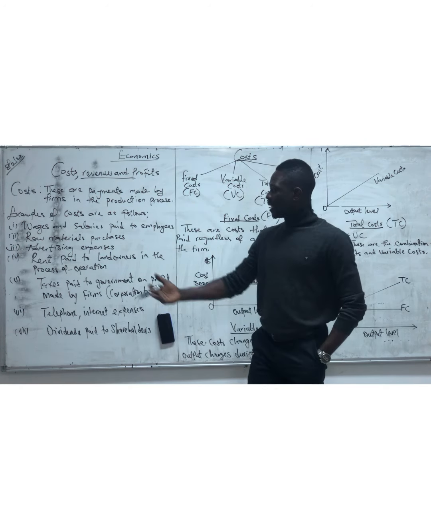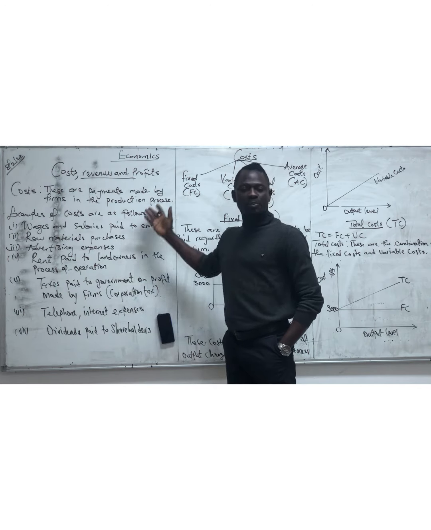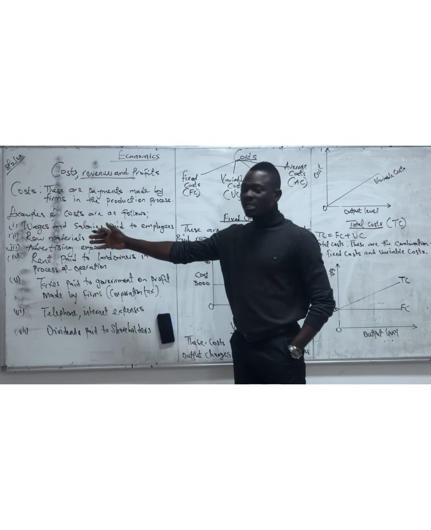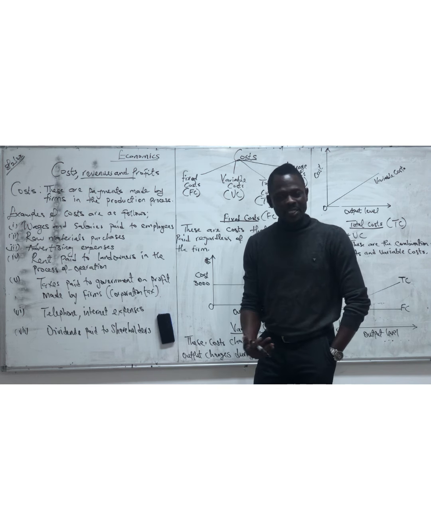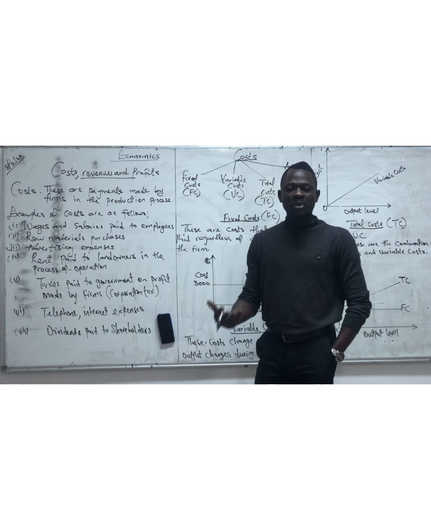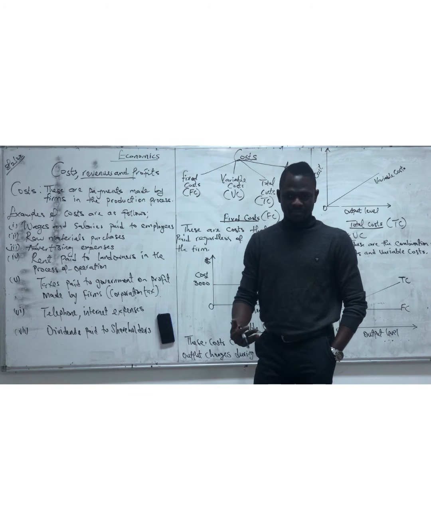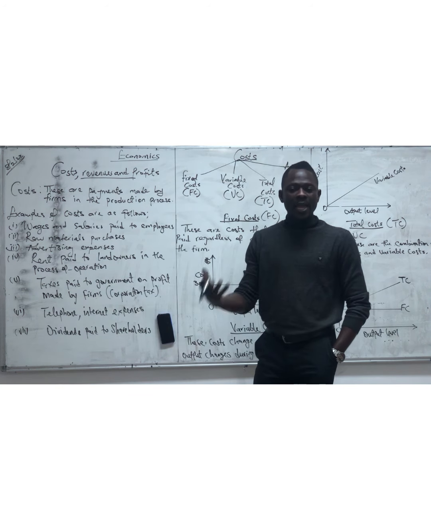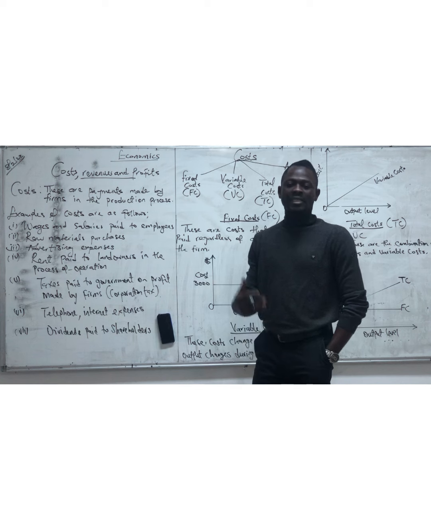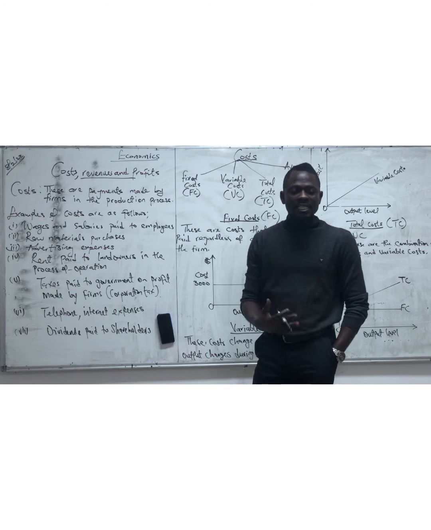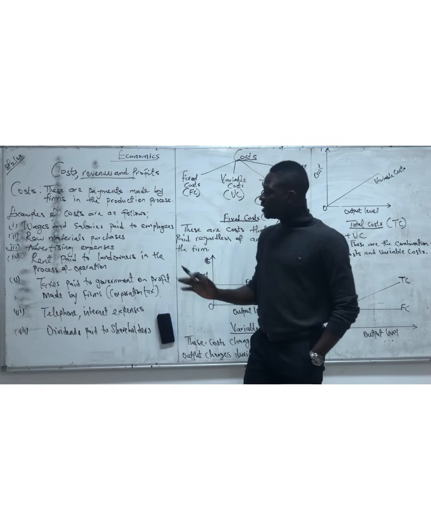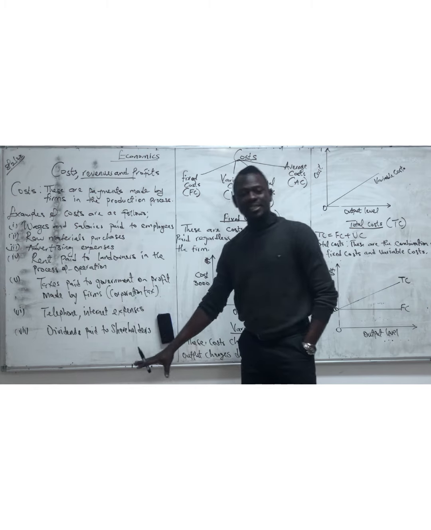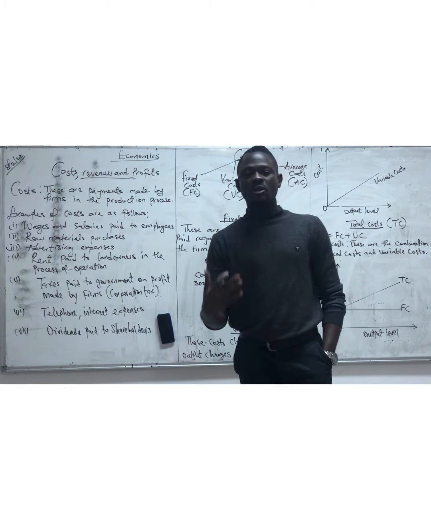Examples of costs: wages and salaries paid to employees, raw materials you purchase, advertisement expenses, telephone bills and expenditures, the rent you pay to the landowners, taxes you pay to government, corporation tax. All these expenses are part of a firm's cost.